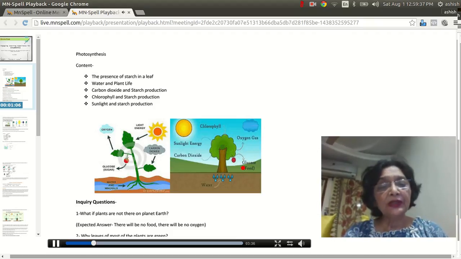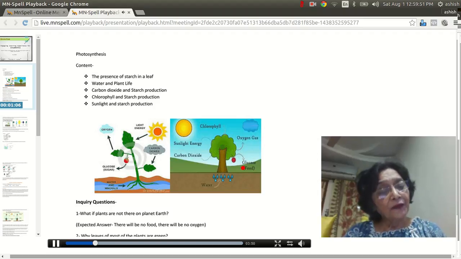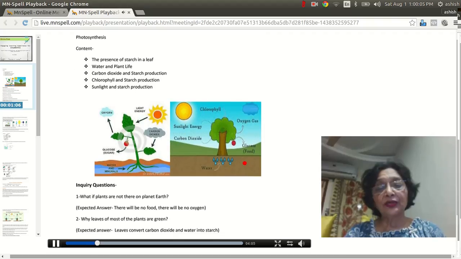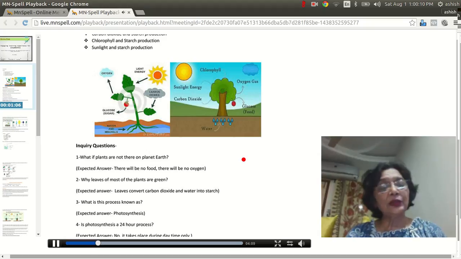What is visible in this diagram is that a plant which has green leaf is coming in contact with sunlight, carbon dioxide, and after some chemical reaction that happens inside the leaf, glucose is formed, oxygen gas is given out, and this explains the entire process of photosynthesis. Now let's start with some inquiry questions.